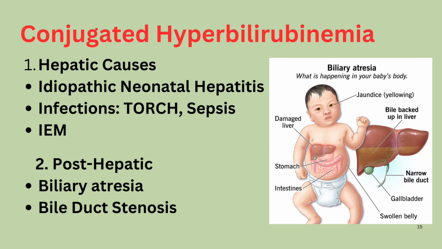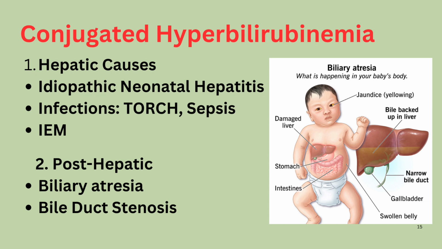Next, post-hepatic causes. In that, biliary atresia or bile duct stenosis may cause hyperbilirubinemia. Biliary atresia is the disease condition where bile ducts are blocked, preventing bile from flowing from the liver to the small intestine.